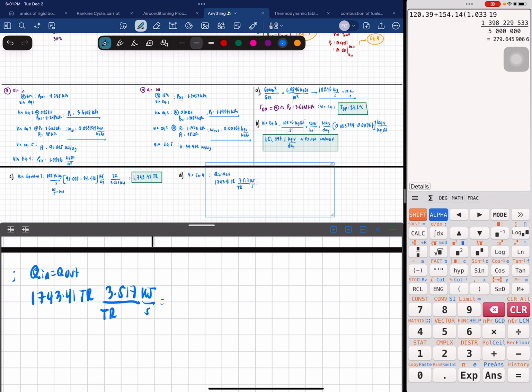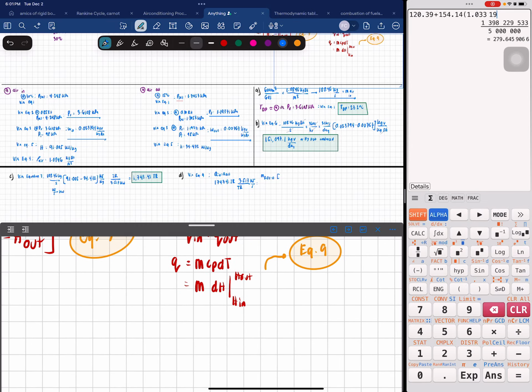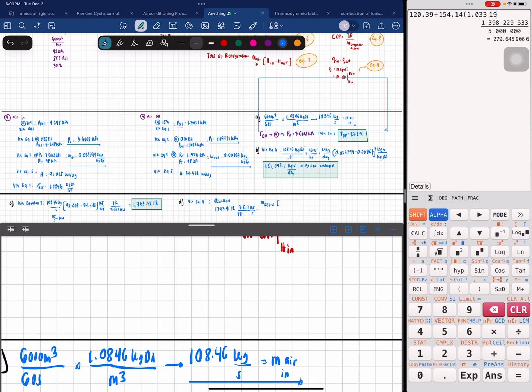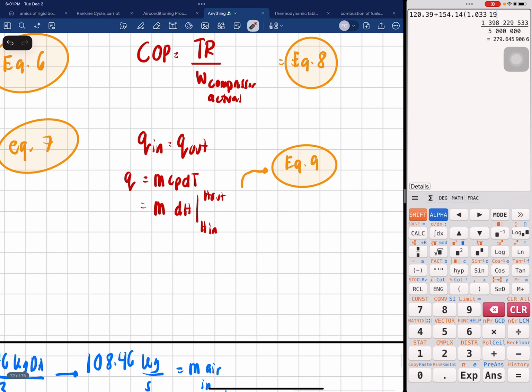It's gonna be equal to M of R134A times their enthalpy. Okay, remember here at equation 9, enthalpy going in and going out. Okay, it's a difference in enthalpy between the one going in and going out.